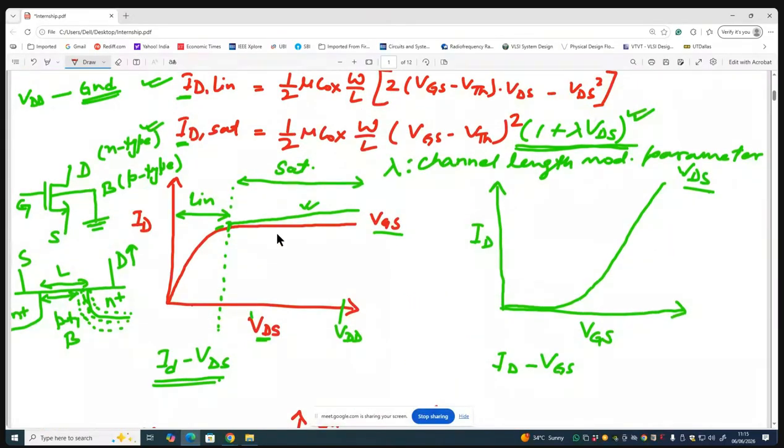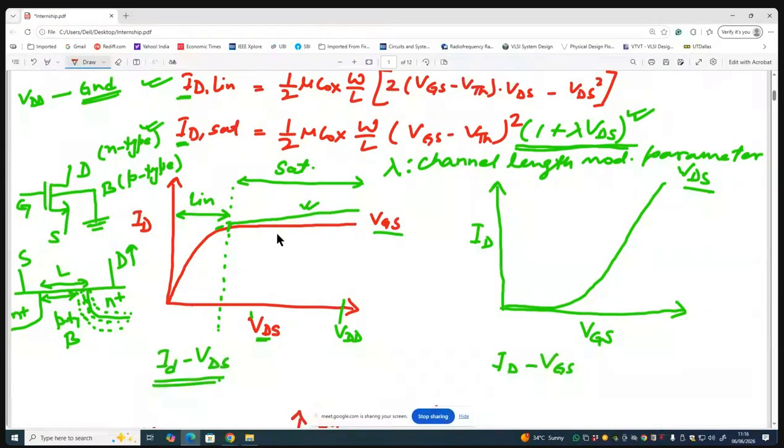When you differentiate the saturation current expression with respect to VGS, you will get this gm, which will depend on VGS minus VTH, the overdrive voltage term. You will also have a VDS term, but you can see that this VDS appears as a multiplication with lambda, and lambda is always less than 1.